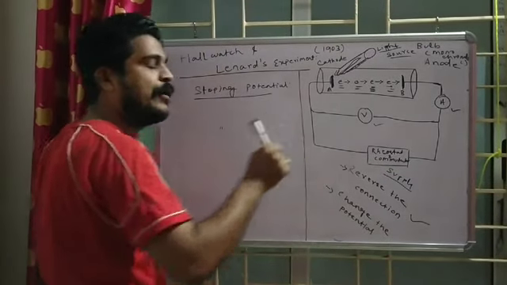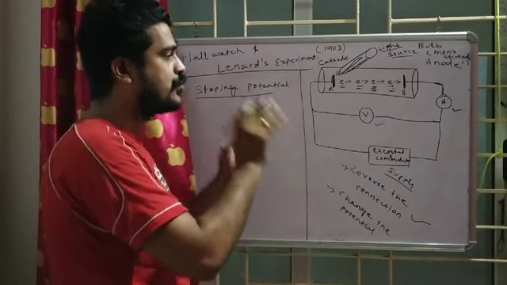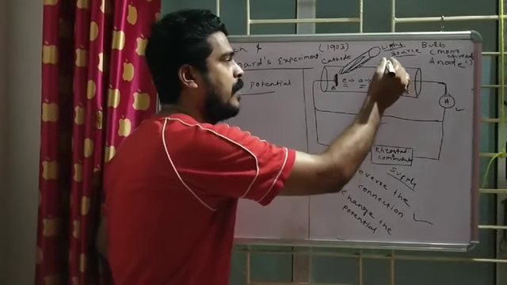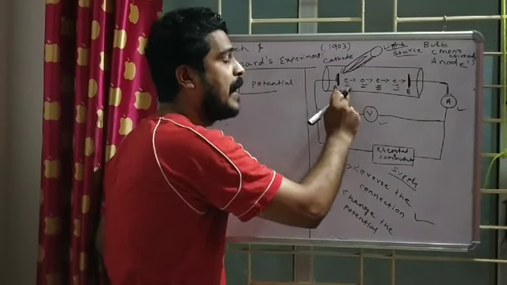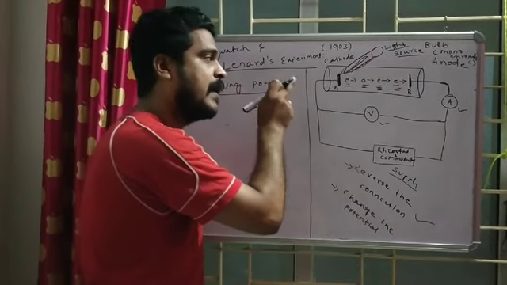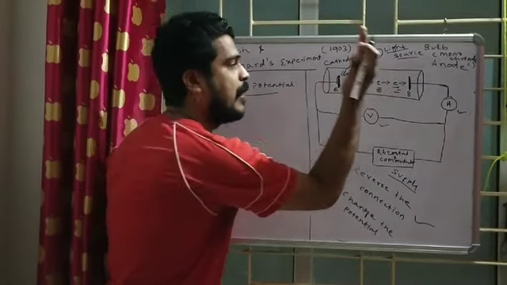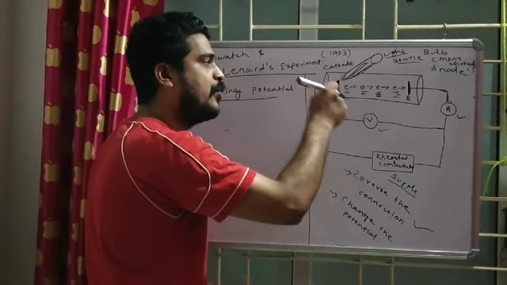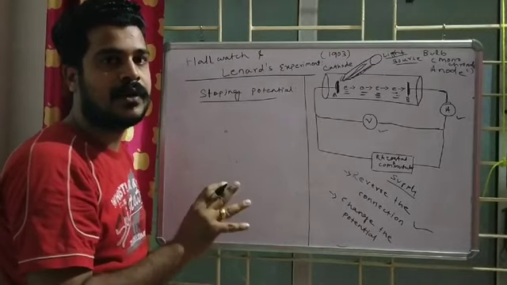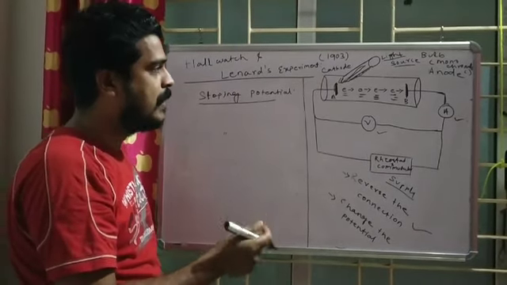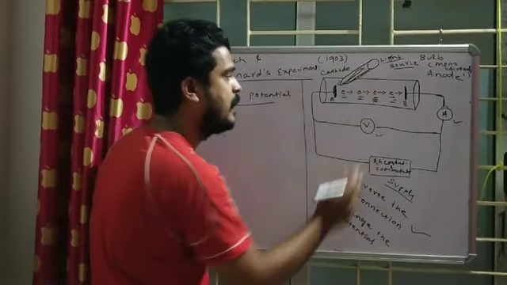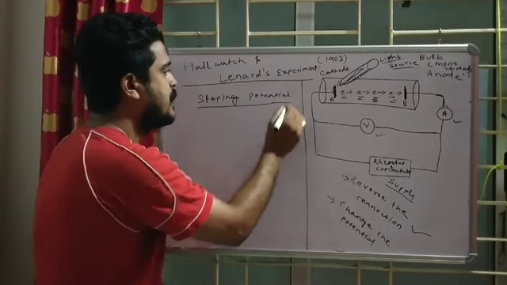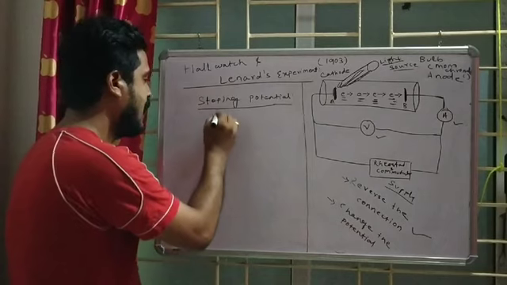If at a particular instant I want to stop the process, stop the electron flow, even if the electrons are having high kinetic energy, if I apply a potential, then they will be stopped. So the potential needed to stop the electrons is known as stopping potential.